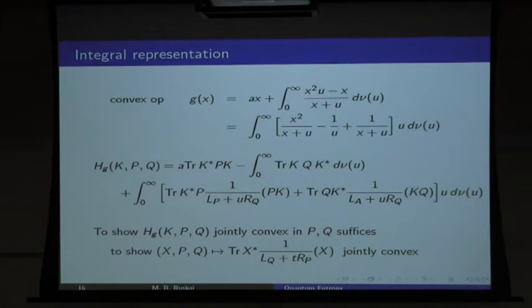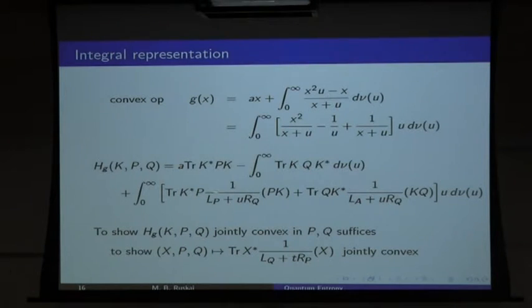The critical thing is that the integral won't necessarily converge unless I include this term, but for convenience, in the slides, I put it as a separate integral. At the end of the day, when you work this out, you get k star p 1 over L_P plus R_Q, p k, and then the same thing with q and p reversed. And now k has to be fixed, okay?